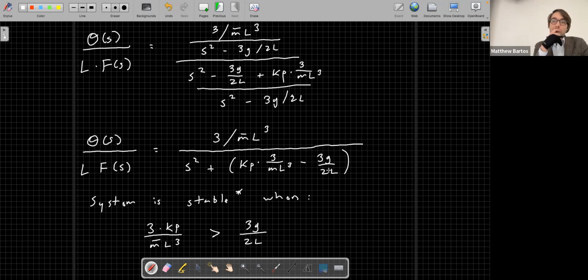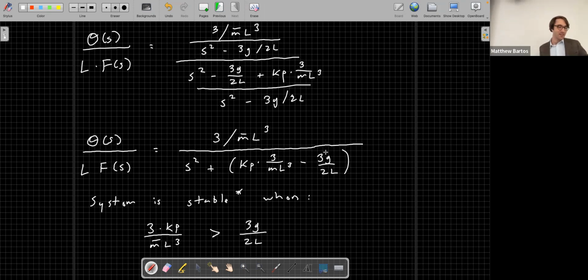Right? If we had an s squared minus something, then that would give us a root with a positive real part and a root with a negative real part. If this term here is positive, we'll have something else. So we won't have a root with a positive real part.